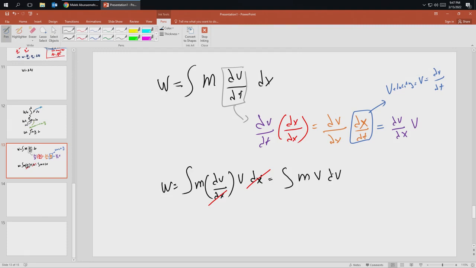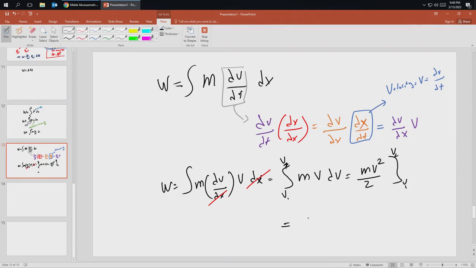Solving for this, again you're going from x initial, x1, to x final, x2. So this is going to equal your mass. You're integrating for v, so it'll be v squared over 2. I'm sorry, I made a mistake. It's from v initial to v final, so you're going from v1 to v2.